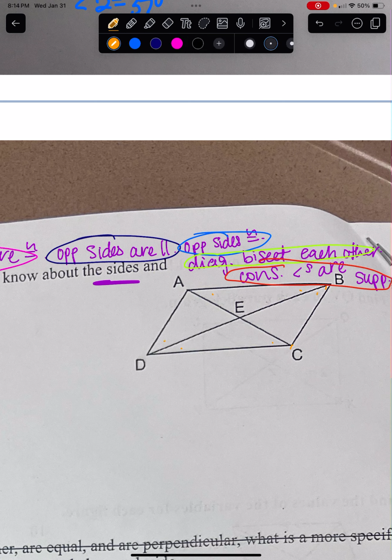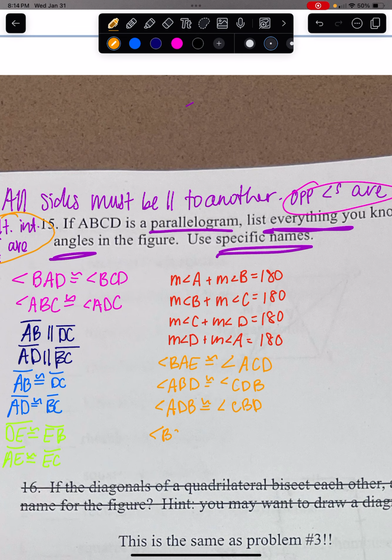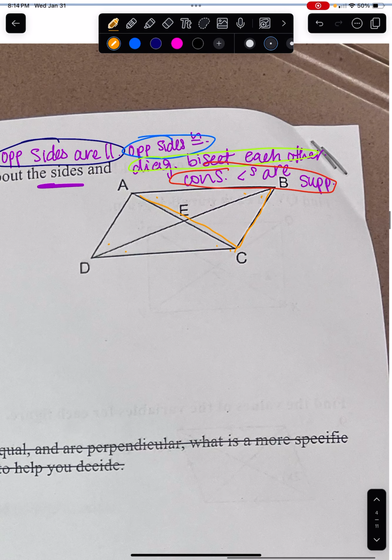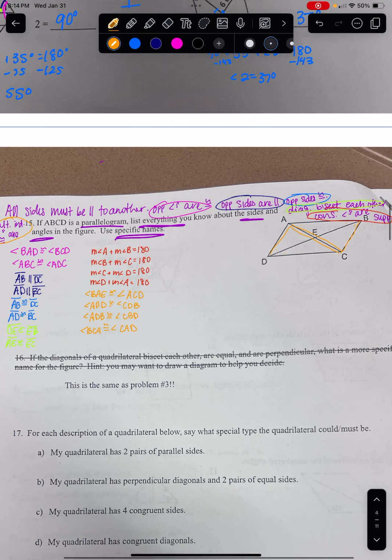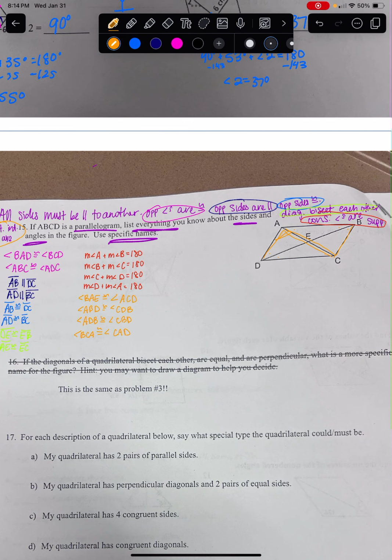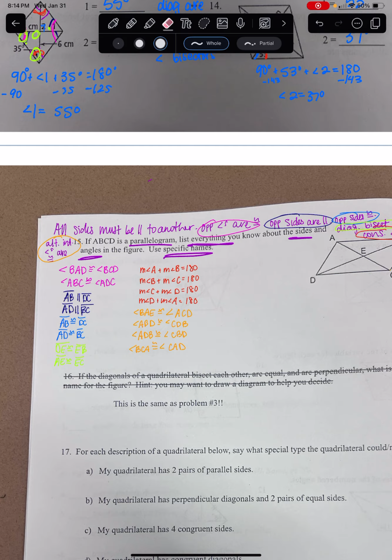We have BCA and CAD. Okay, I'm going to erase my picture. Do we have everything circled? We have 1, 2, 3. Yep.